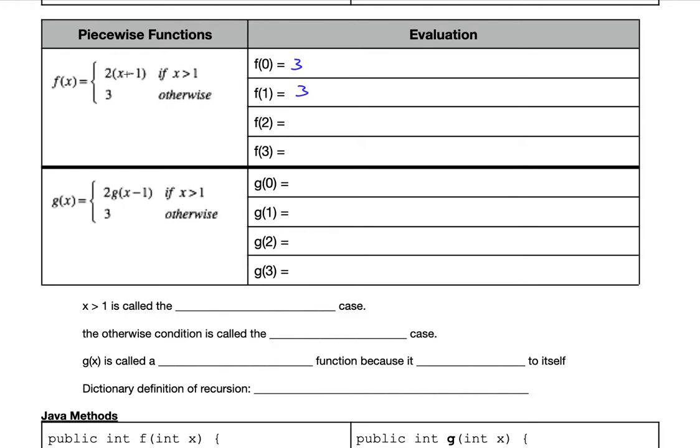So 2 minus 1 is 1, times 2 is 2. And when the input is 3, 3 is bigger than 1, sorry, I said something really weird there. 3 is bigger than 1, 3 minus 1 is 2, 2 times 2 is 4. So that's what's called a piecewise function that many of you probably have learned in math before.